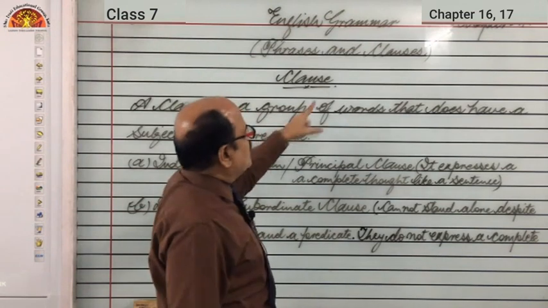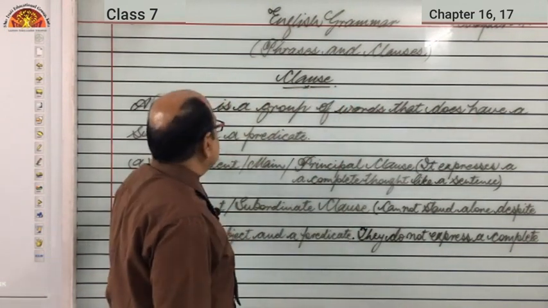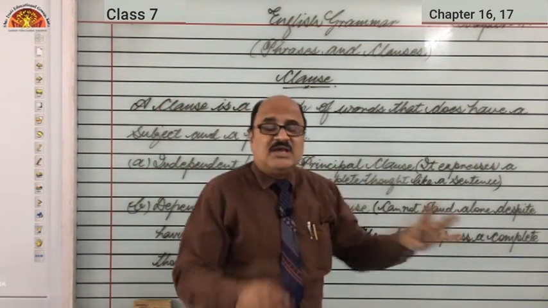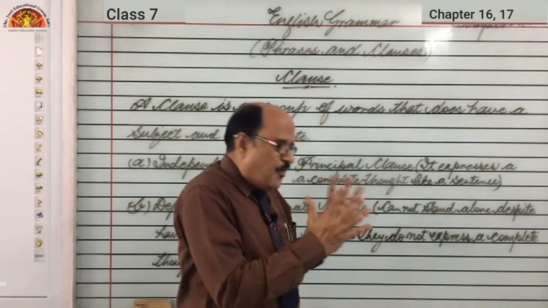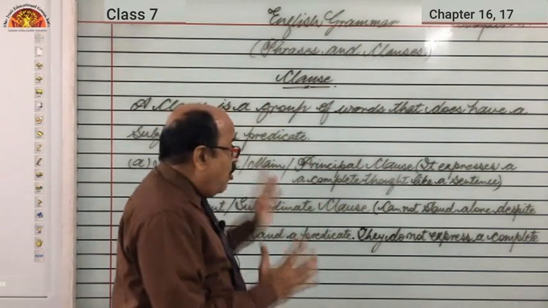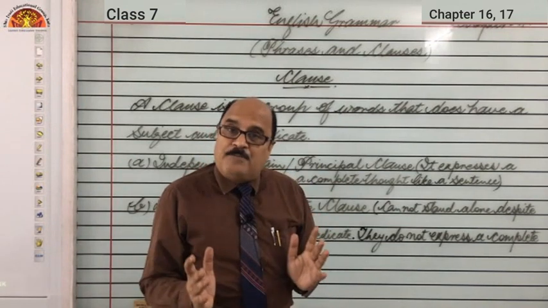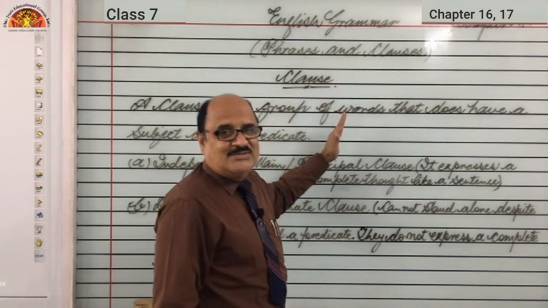A clause is a group of words that does have a subject and a predicate. That does have means it is necessary, means a group of words must have both the subject and the predicate to make it a clause, right?